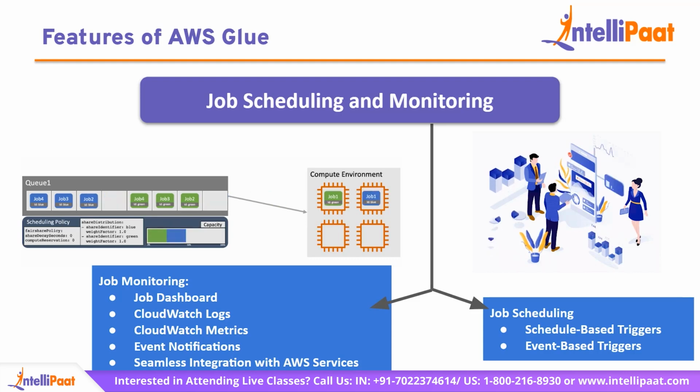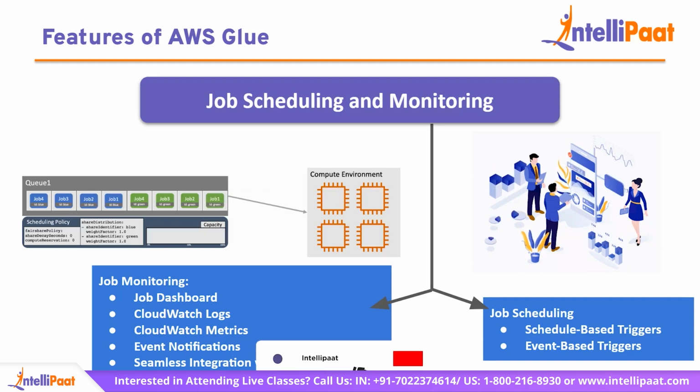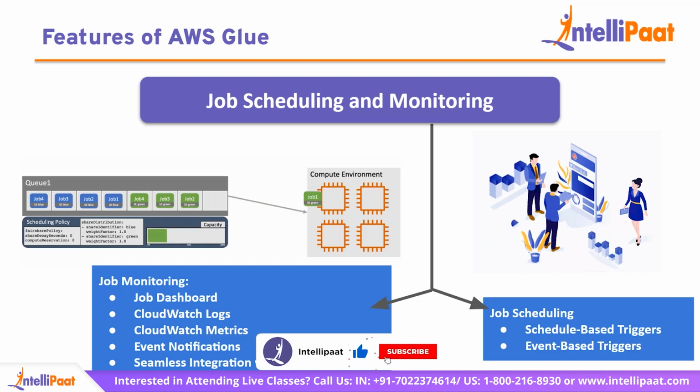Glue also provides comprehensive monitoring and logging capabilities that allow progress tracking, performance enhancement, and health monitoring of the ETL jobs. Setting up alerts and notifications based on job status or specific conditions helps with proper monitoring and updating of the dataset. As depicted in the figure, job scheduling and monitoring provides different triggering and monitoring features.